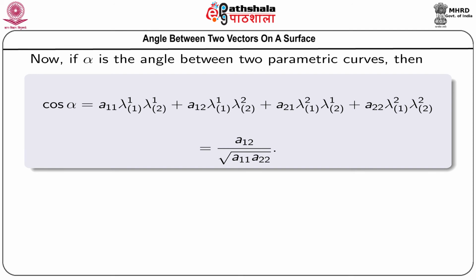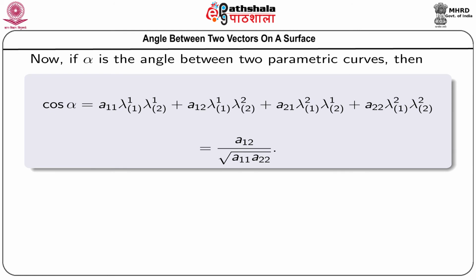And all these expressions, the first one, third one and fourth one are 0, only the second expression has the value, that is a12, lambda 11 is 1 by root a11 and lambda 22 is 1 by root a22. So, cos alpha is equal to a12 by root a11 a22.